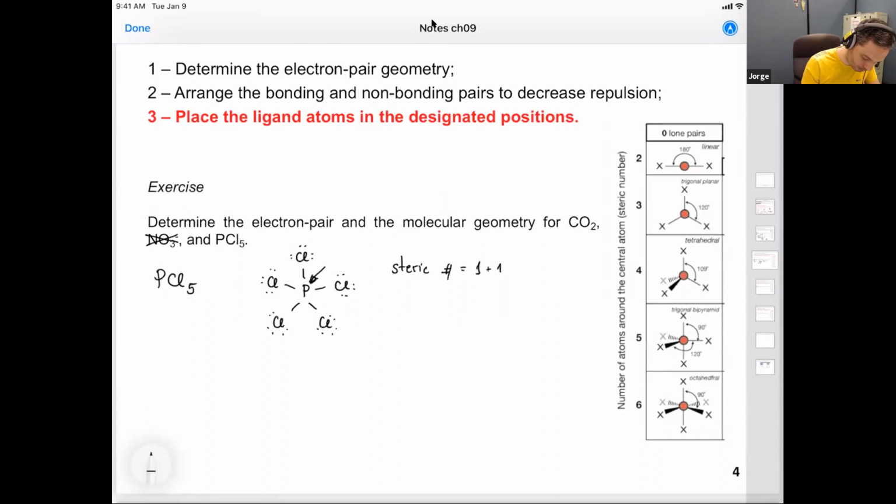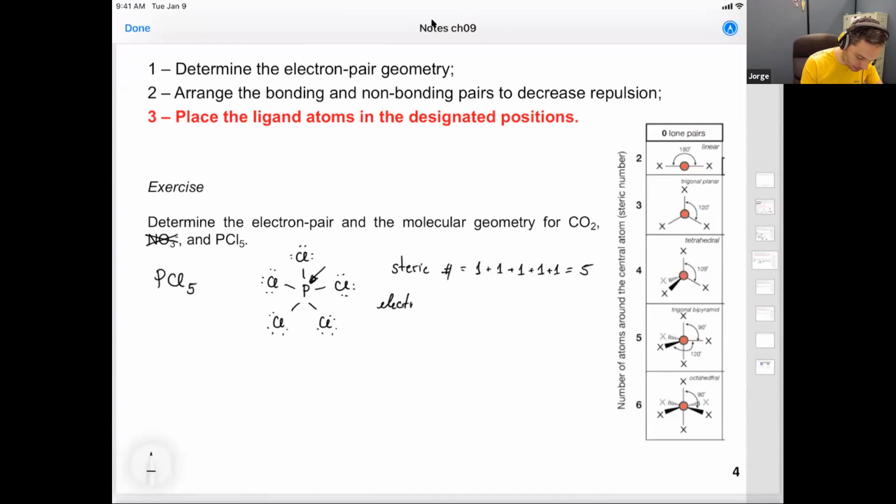So 1 plus 1 plus 1 plus 1 plus 1. Therefore, we are going to get a steric number equal to 5. So we have 5 groups around the phosphorus.